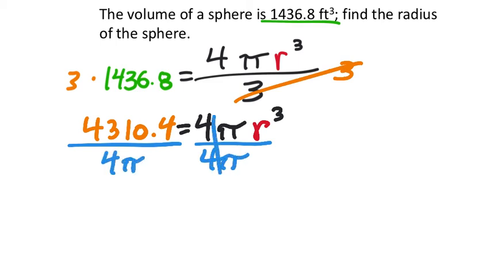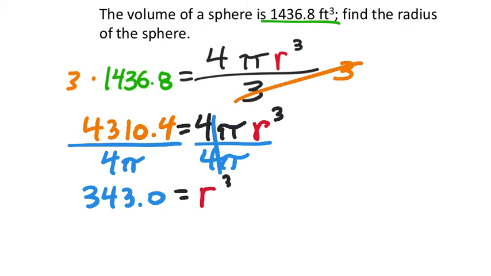So that becomes a 1. And so I'm left with my radius to the power of 3 equals, let's put this in the calculator, n over d, 4,310.4. I go down and I type in 4 pi, and I get 343.01, so it's just 0.0.